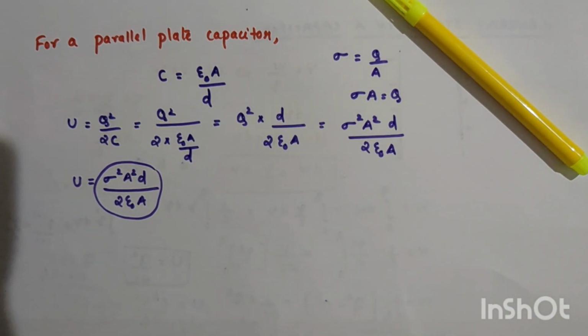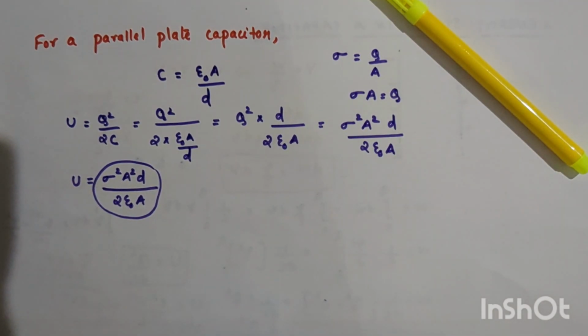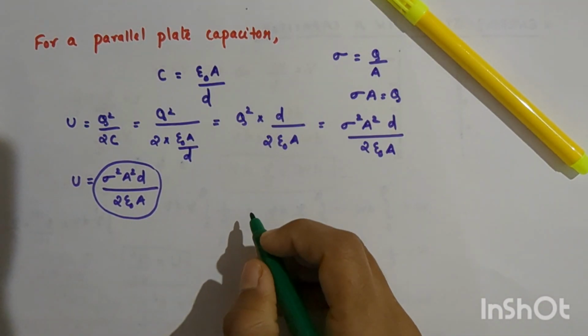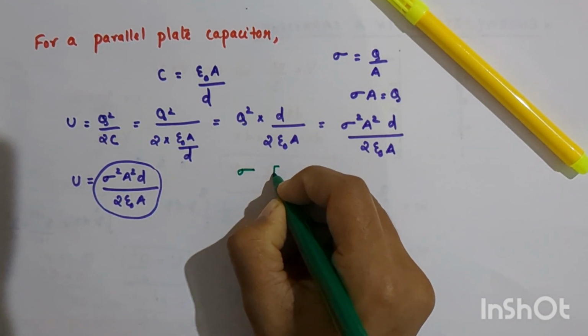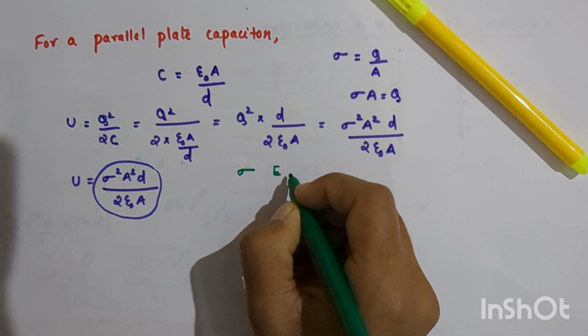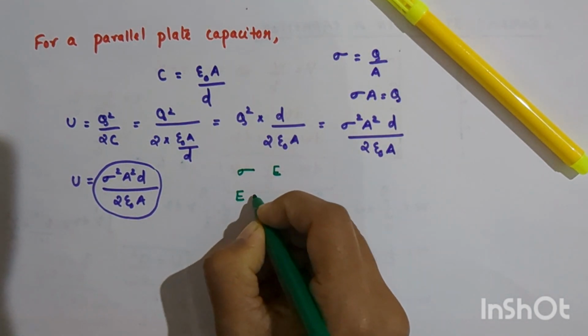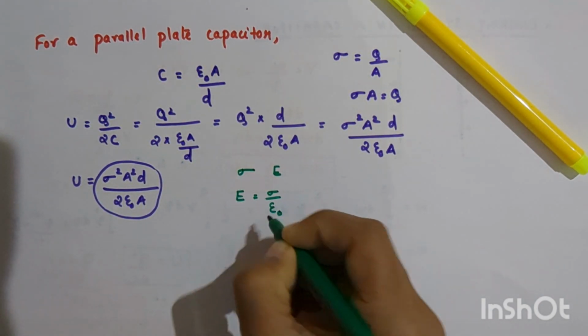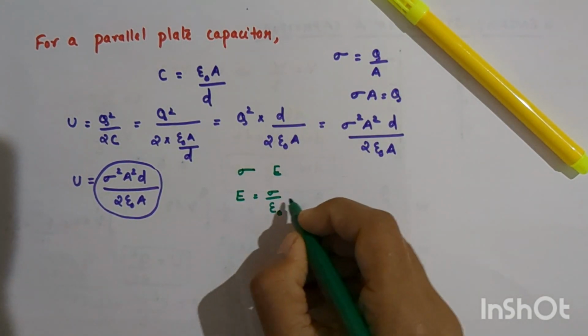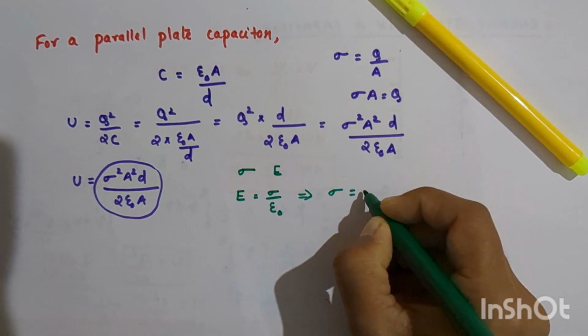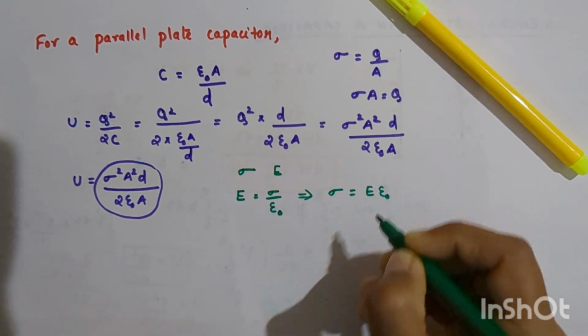Now you see, the surface charge density sigma is related to the electric field E between the two plates of the capacitor by this expression, E is equal to sigma by epsilon 0, which we have already discussed in our previous video. So from this expression you can write sigma is equal to E into epsilon 0.